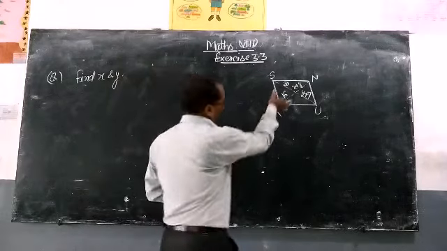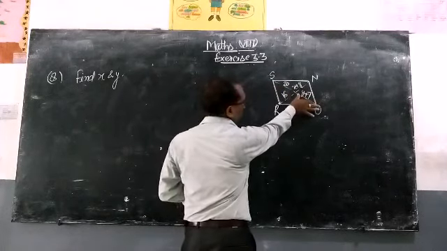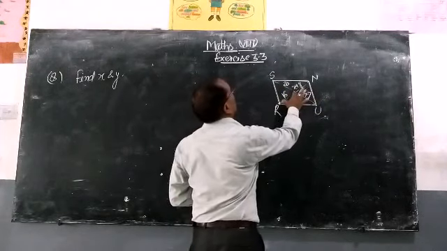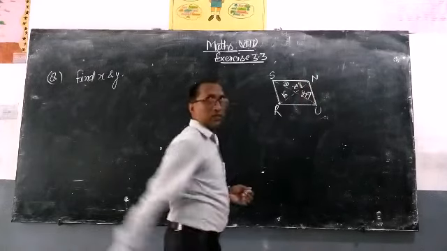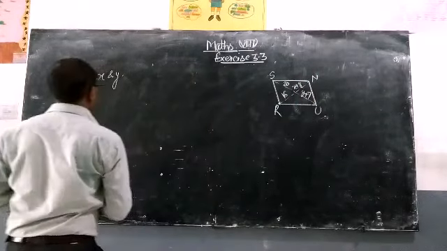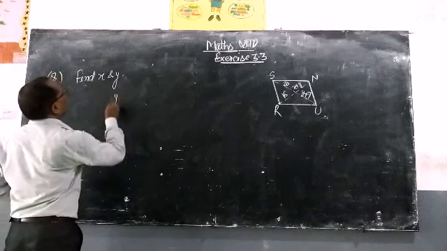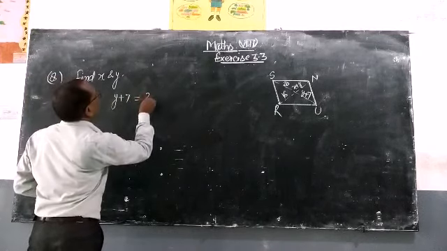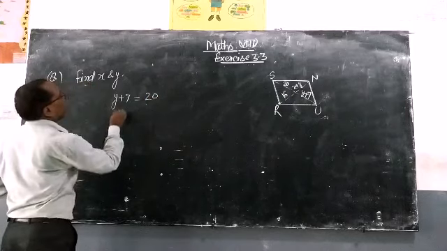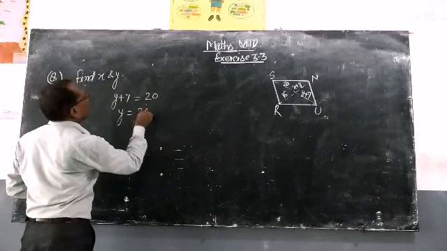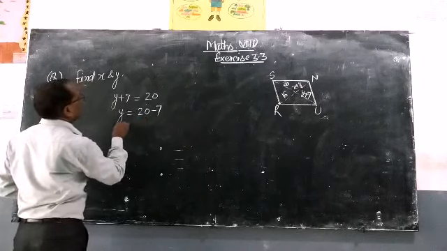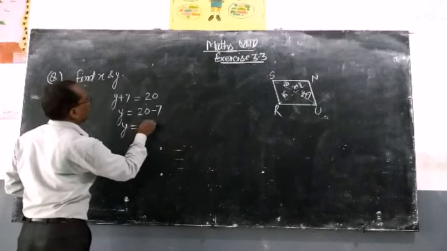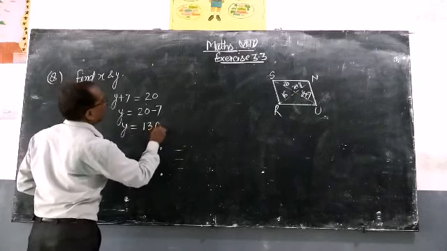Means this part is equal to this part and this part is equal to this part. Just write y plus 7 is equal to 20. Then you find y is equal to 20 minus 7. y is equal to 13 centimeters.